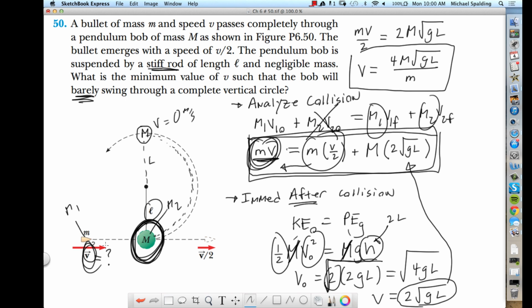Does that make sense? Now look, final thing I want to say since we have a minute. When you're analyzing the collision, this is a common mistake that kids make. Can you apply conservation of energy to the collision? Can you say like, oh, so here's the collision, right? The bullet hits big M, right?